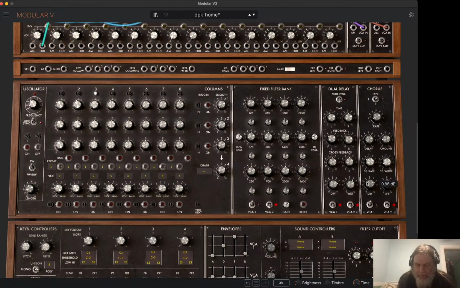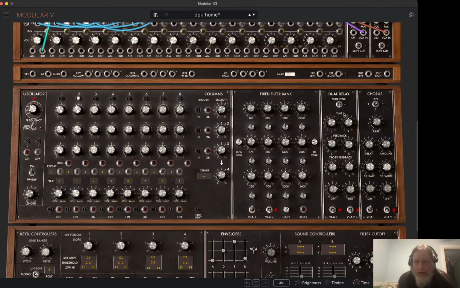All of that sound is then going into this dual delay and chorus. Actually, excuse me. The dual delay is taking the outputs of both VCAs for all of that sound to come through, so both sets of sound are dual delayed.